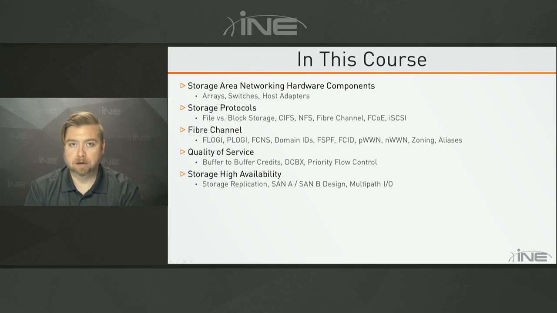We'll also talk about SAN A and SAN B design, which allows us to do multipath input-output, or multipath I/O, basically the servers having multiple routes to get to their disks. So if one physical interface fails or one switch fails, we're able to reroute the traffic from the host to the storage array, or what we call the initiator talking to the target.